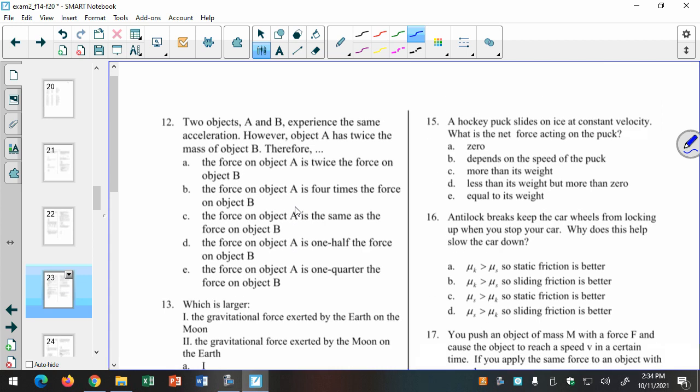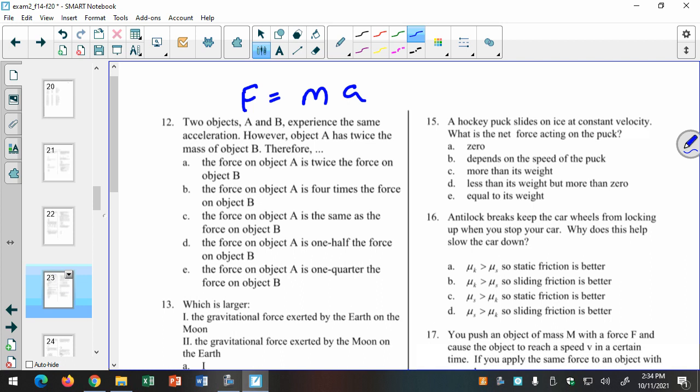Two objects, A and B, experience the same acceleration. However, object A has twice the mass of object B. If it has twice the mass and the same acceleration, what does that say about the force on object A? Is the force on object A bigger or smaller?